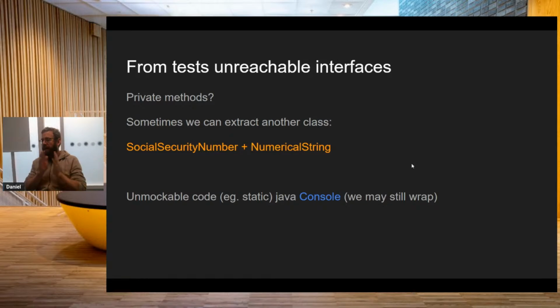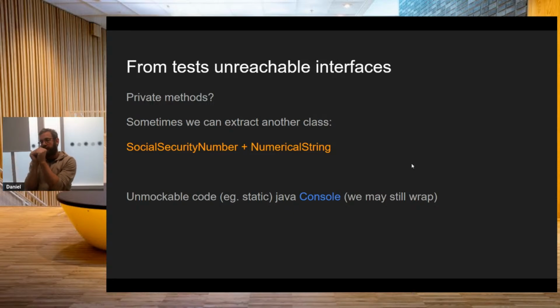So it is 6 or 8 numbers first, then a minus sign or a plus sign, and then 4 digits again. So what I realized was that the private methods were really working on this numeric string. So it was first a numeric string with 6 or 8 characters, then a plus or minus sign, and then a numerical string again with 4 characters.